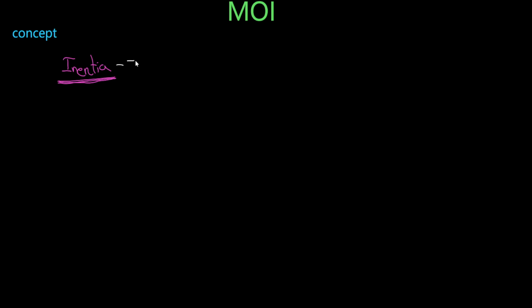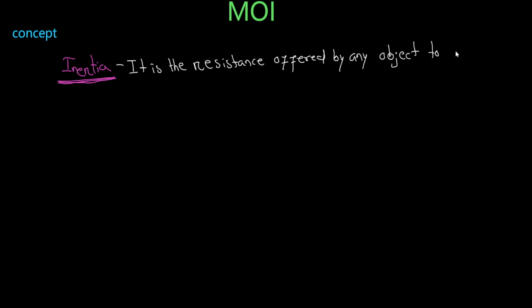So now what is inertia? Inertia means it is the resistance offered by any object to changes of it.